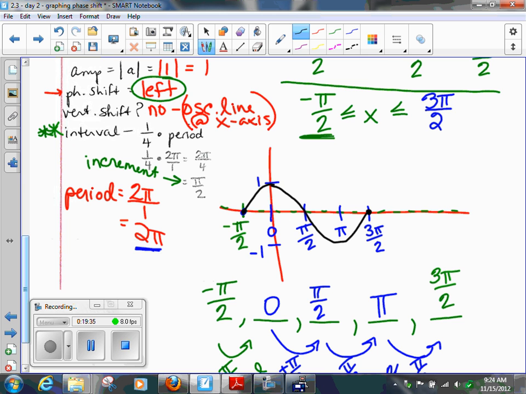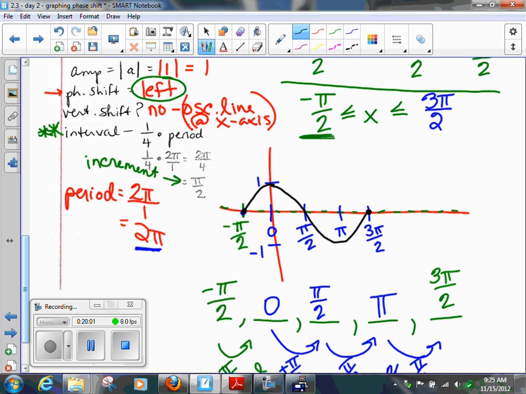Some of us will need to draw our curve, and then we'll need to label our x-axis, because some of us have difficulty drawing that smooth curve. Some of you will be able to label everything and follow these guidelines every single time, okay?